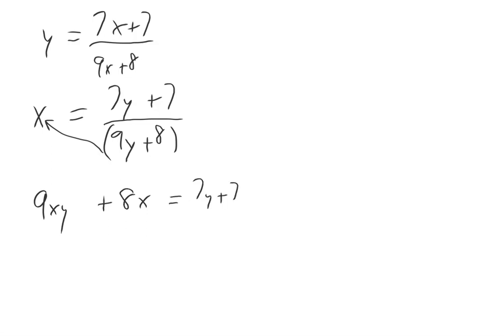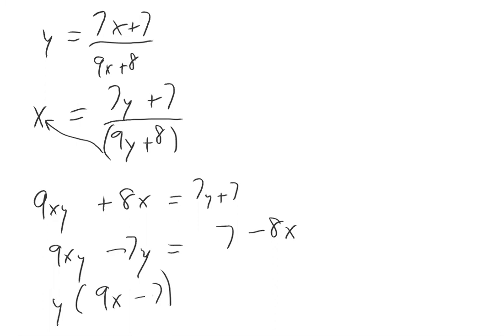Then write the other side. Now get the y's together. So I'm going to take the 9xy, leave it right where it is, but then the 7y, I'm going to move to the left, which makes it negative 7y. Then I'll leave the 7 where it is, but I'll move the 8x to the right, which makes it negative 8x. And then I'll factor out the common y that I have in common. That'll leave me with 9x minus 7 equals 7 minus 8x.